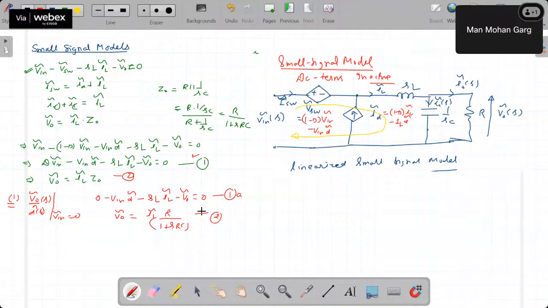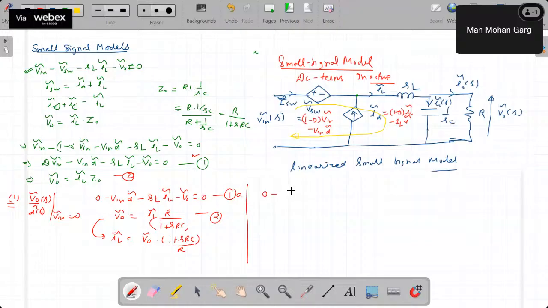Right? Now I want a relation between V node and D, and I have equations which have D, IL and V node. So what I can do, I can eliminate IL from here. It means I write IL equal to V naught into 1 plus SRC upon R. So this is from this. And I put IL back here. So what do I get?